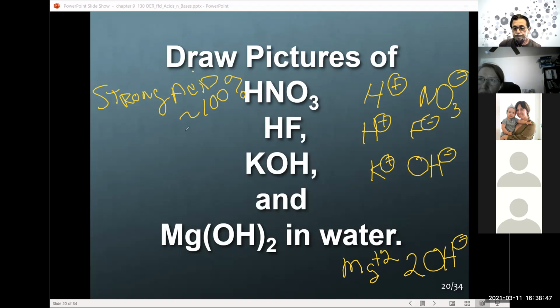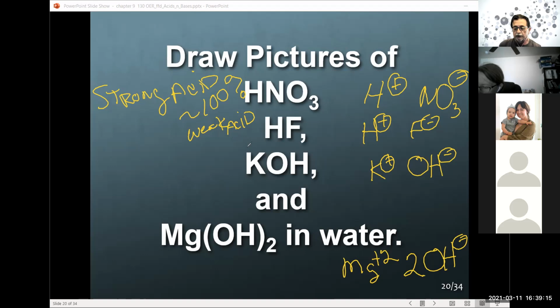HF, we had defined earlier as a weak acid. It is a weak acid compared to HCl and so forth. It's a weak acid because that bond is very strong and it holds on to that hydrogen very strongly compared to hydrochloric acid, HCl, where that bond's a little bit weaker and it doesn't hold on to the hydrogen proton as well.